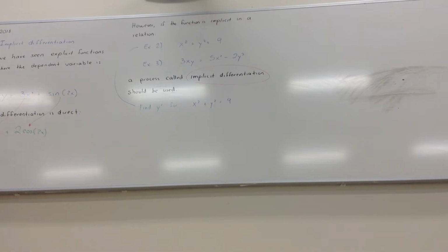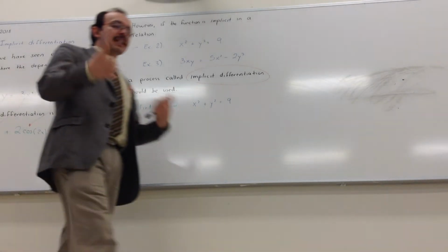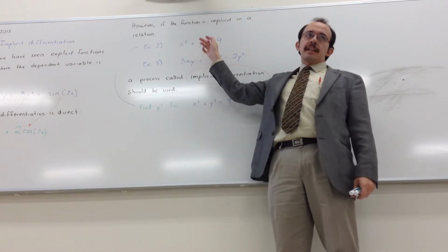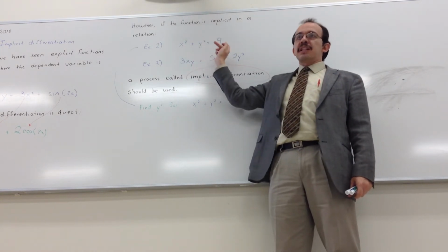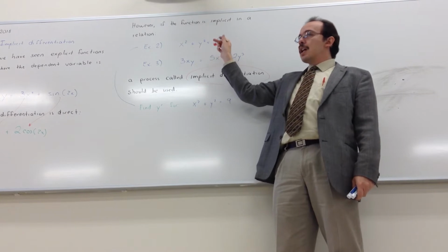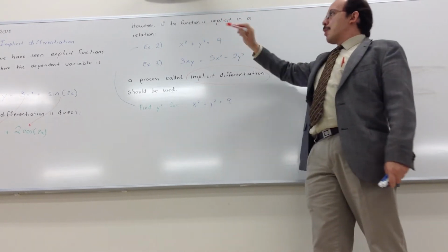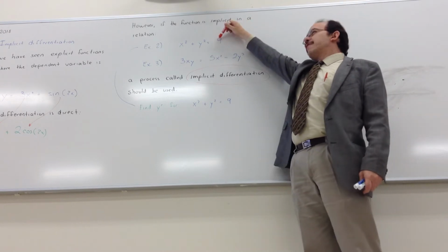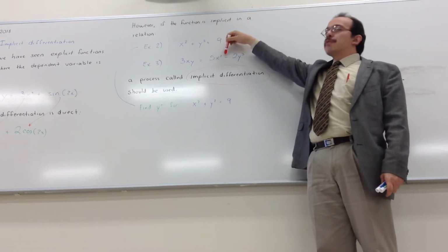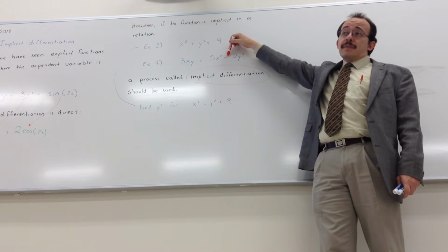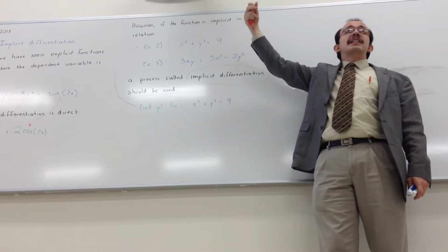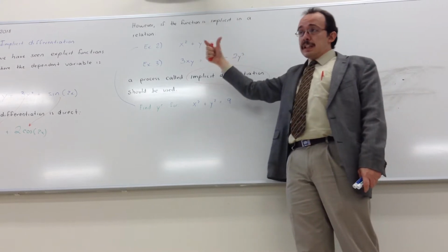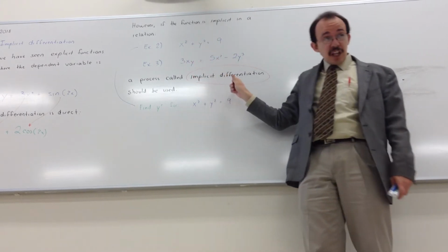But what happens if the function is implicit in a relation? What do I mean by this? That the y is not isolated. It's inside an expression such as this one. Okay? One option will be to isolate the y and solve it. But this one, for example, will be complicated to isolate the y. So the idea is not to isolate before the derivative. The idea will be to find the derivative using implicit differentiation.